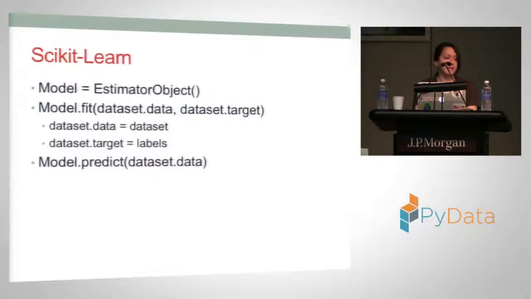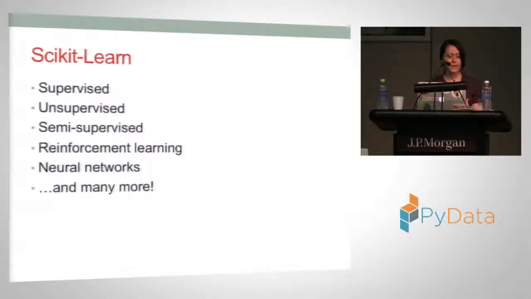And then finally, we can use what the fit function has learned, or what the fit function has had our estimator learn, and apply that to a new set of data. And that's just the basic learning and predicting process that you'll see throughout. Scikit-learn is very comprehensive of machine learning algorithms.